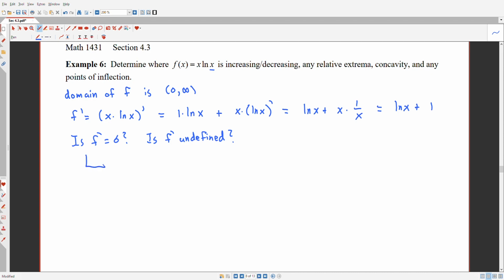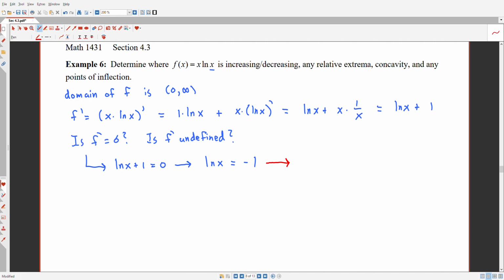This would be where the natural log of x plus 1 is equal to 0. And so I get natural log of x equals negative 1. And whenever you get an equation like this, it's easy and natural to feel stuck, but that's when you remember what we reviewed about converting this equation into an exponential equation.